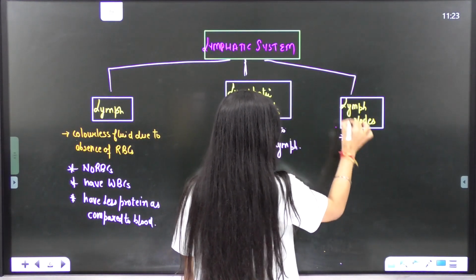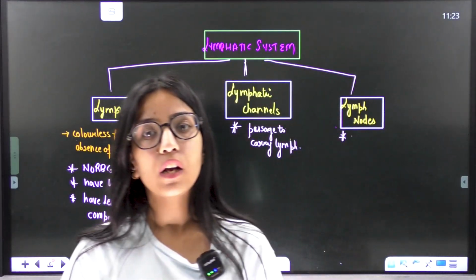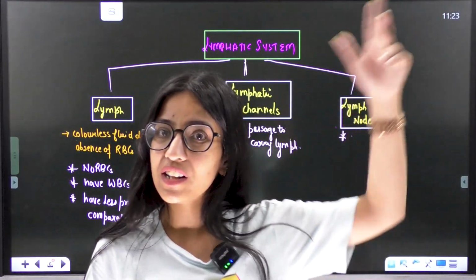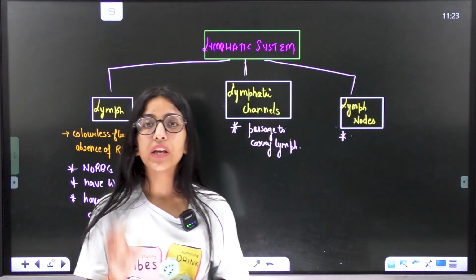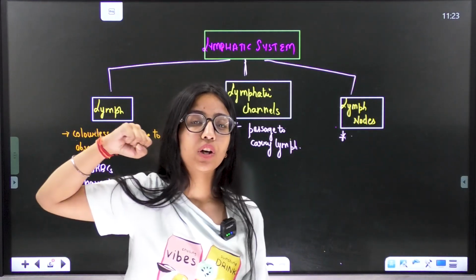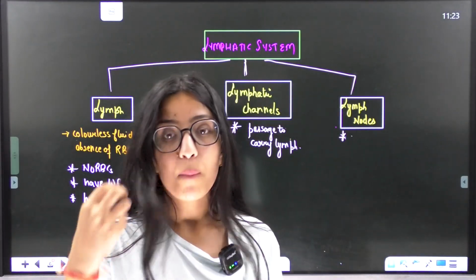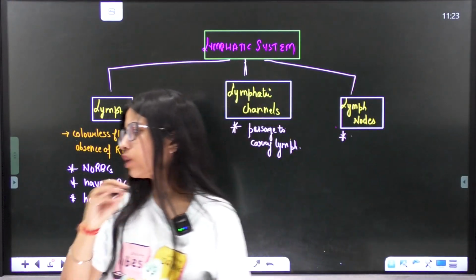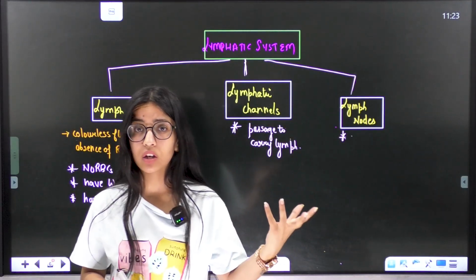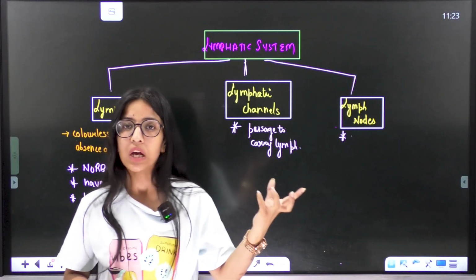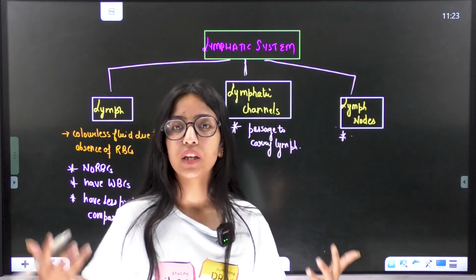Okay. Last, moving on to lymph nodes, we will talk in detail about the lymph nodes in the Human Health and Disease chapter. Here, you have to remember that they are necessary for trapping microorganisms. In Human Health and Disease, I'll tell you a lot more about this, like it is a lymphoid organ, which kind of lymphoid organ, and where the lymph nodes are present, like in the armpits.